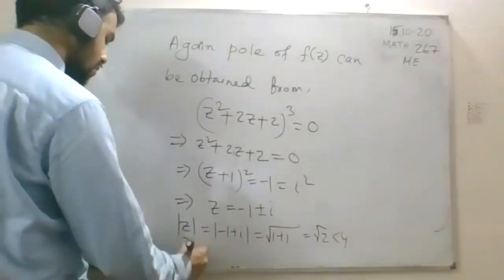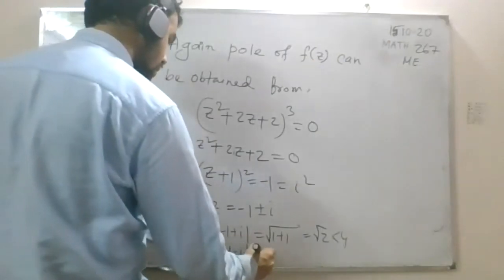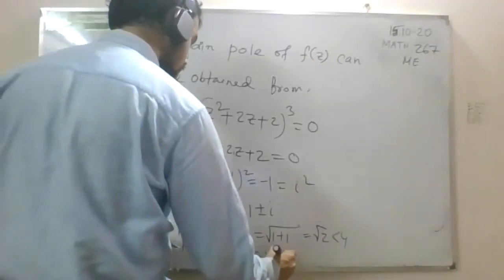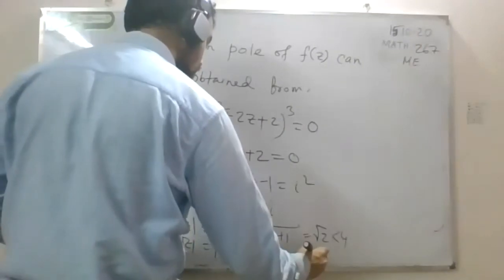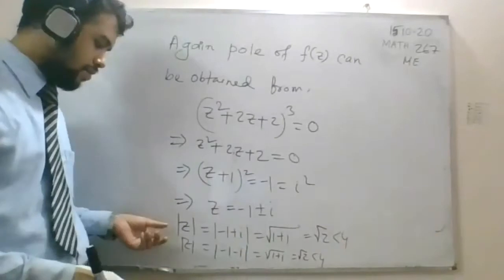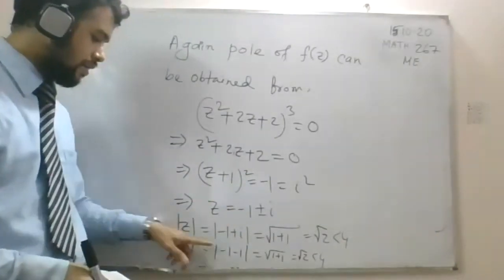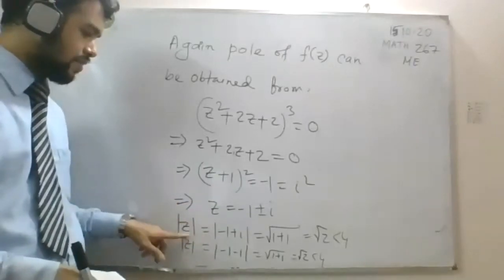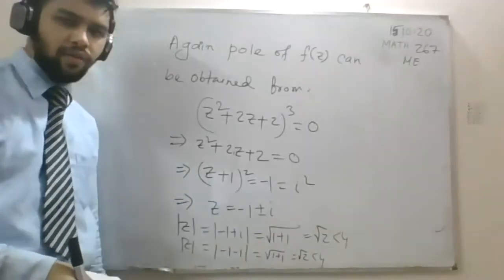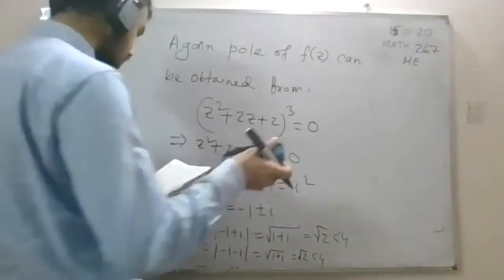And also for minus 1 minus i, it is root 2, less than 4. So this satisfies the condition: the modulus of z is less than 4.